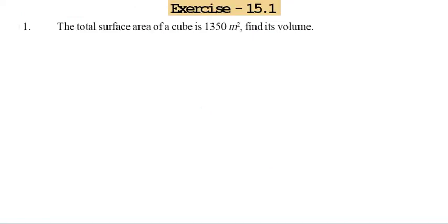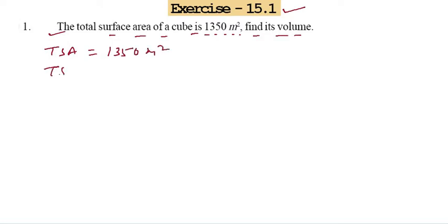Now come to the next exercise, that is 15.1. The total surface area of a cube is 1350 meter square. Find its volume. So total surface area TSA is equal to 1350 meter square. But as you know, TSA is equal to 6A square. Now put the value. It is 6A square is equal to 1350.